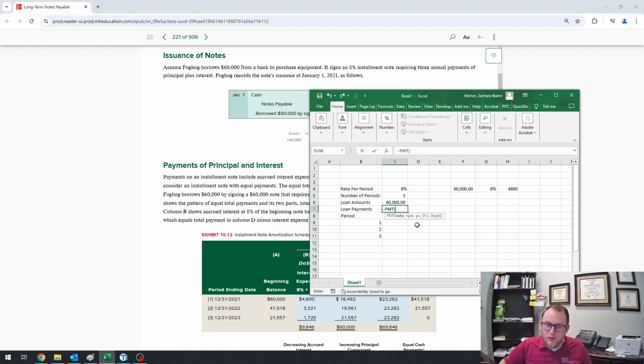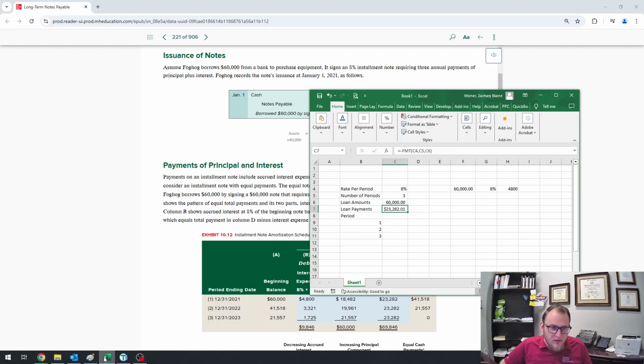It needs the rate, so we're going to select the interest rate, comma, number of periods, so we're going to select the 3, comma, and then PV, the present value of that loan. So the annual payments are going to be $23,282. That is what our total payments are going to be each year.